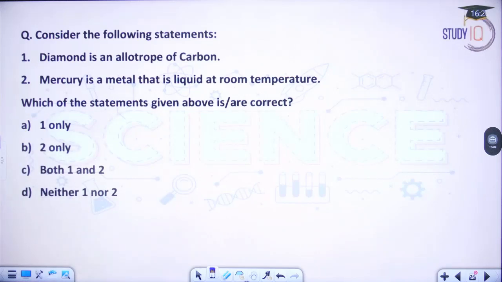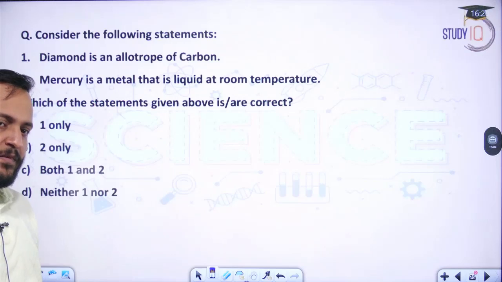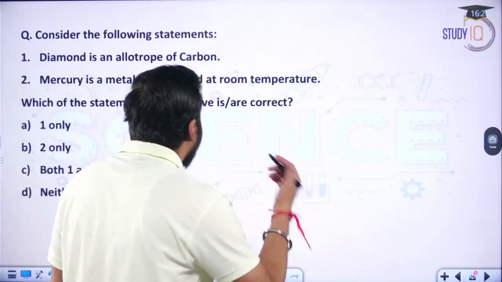Yes, everybody, absolutely good. Both of them. Mercury is a metal that is liquid at room temperature, correct. Diamond is an allotrope of carbon, correct. What is allotrope, my dear?